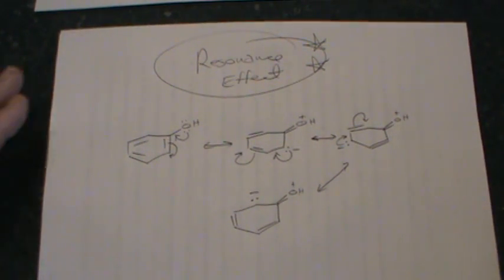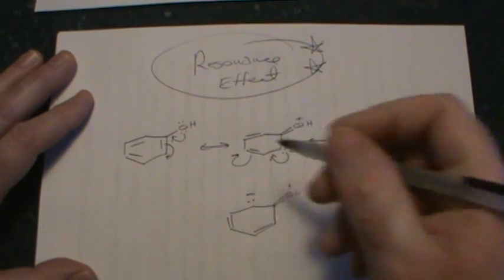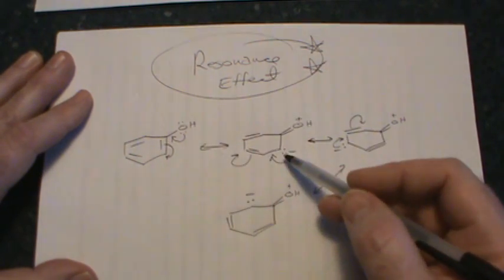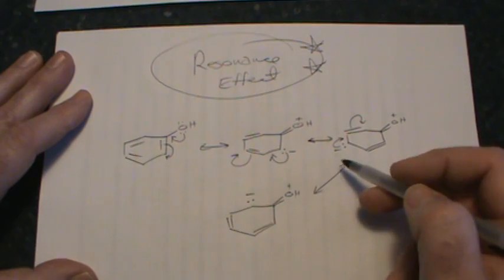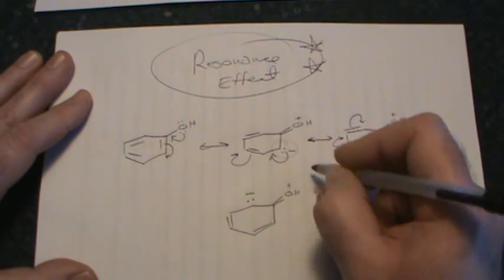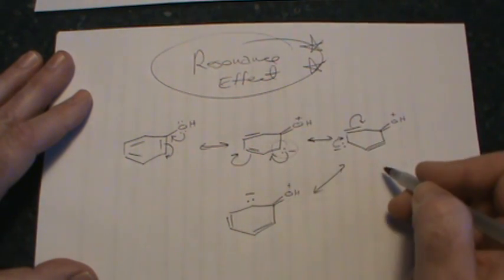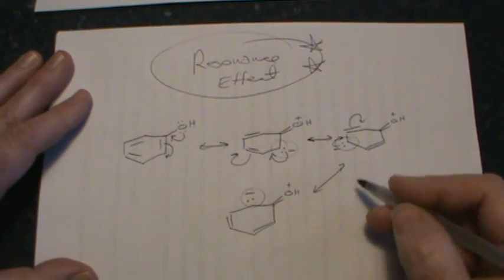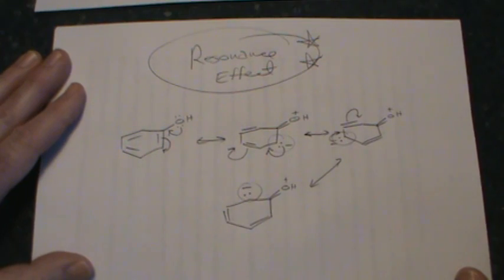What this resonance effect tells us is that not only is some of the lone pair electron density pumped into the ring, but when that happens, it is the ortho position, ortho to the hydroxyl group, the para position, and the other ortho position which share in the negative charge density.